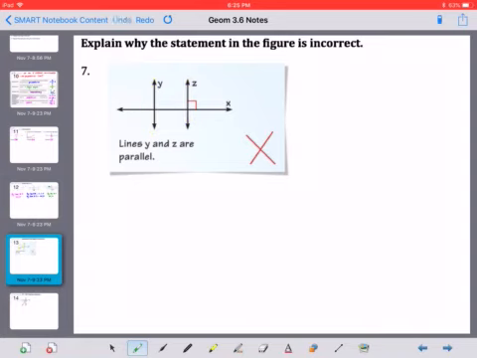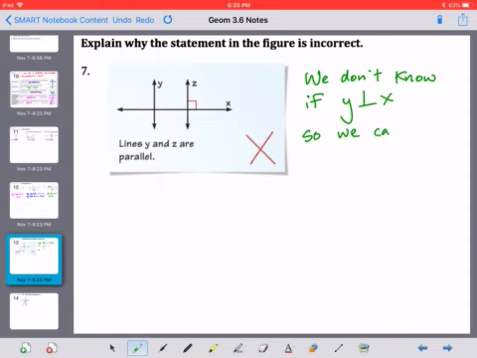So this is incorrect because we don't know if Y is perpendicular to X. In that case, we can't say that Y is parallel to Z.